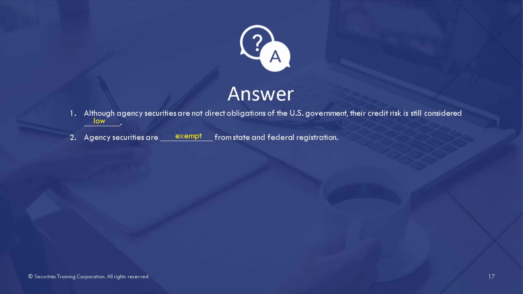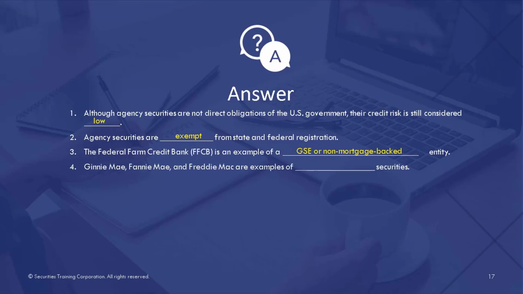You don't have to file a registration statement with the SEC or the states to issue the Ginnie Mae or Fannie Mae or Freddie Mac or Federal Farm Credit Bank securities. The Federal Farm Credit Bank is an example of a government-sponsored enterprise or non-mortgage-backed entity.